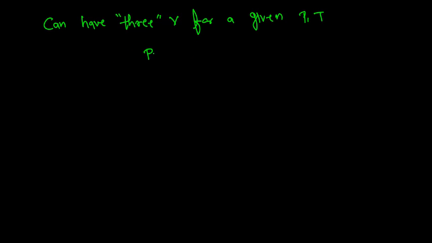For example, with the ideal gas equation PV equals nRT, I can always write V equals nRT by P, so if you know T and P, there exists only one value of volume. But our van der Waals equation of state is cubic in volume, which means you should have three volumes.